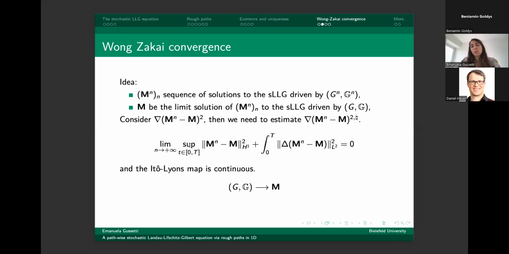And we would like to prove this convergence in L infinity H1, L2 H2. In particular, what we will prove is the so-called continuity of the Itô-Lyons map. That means that the map that associates to the rough path the solution is continuous. And we will prove in particular Lipschitz continuity.